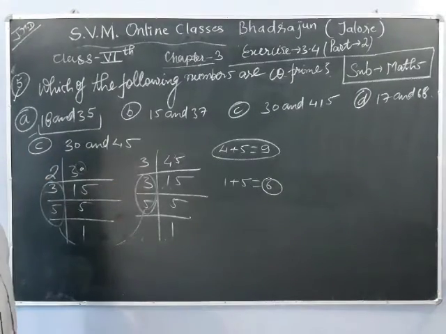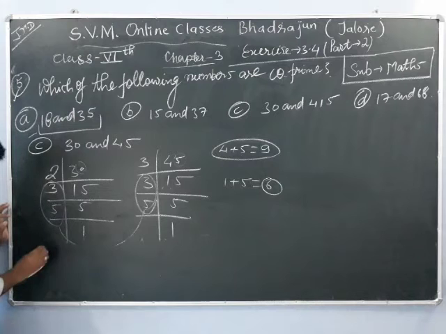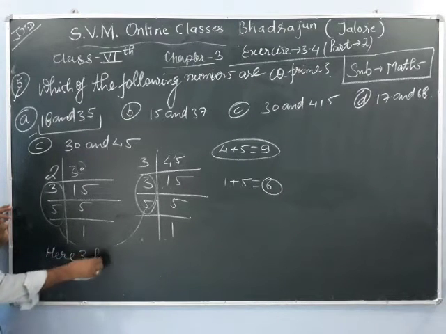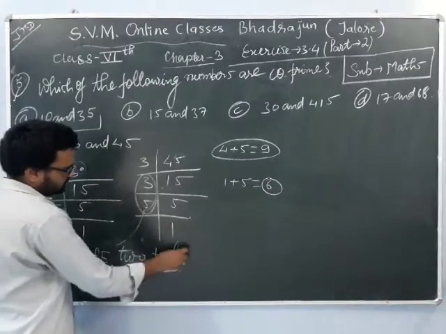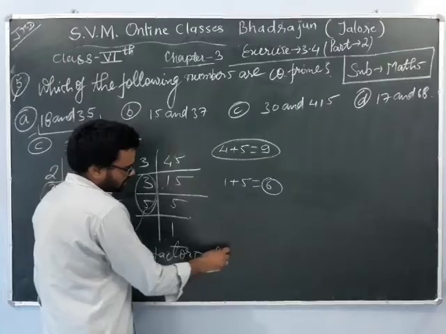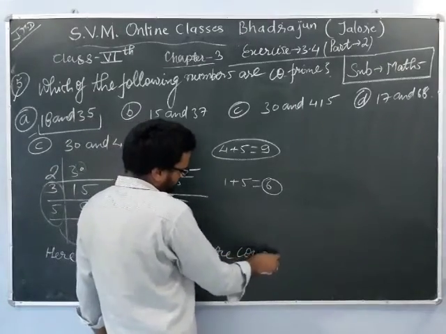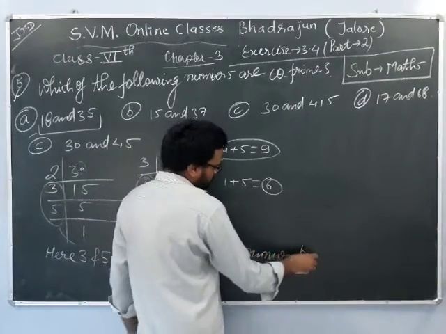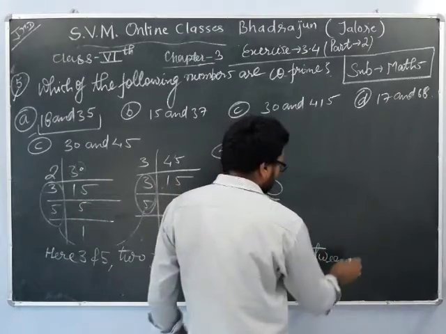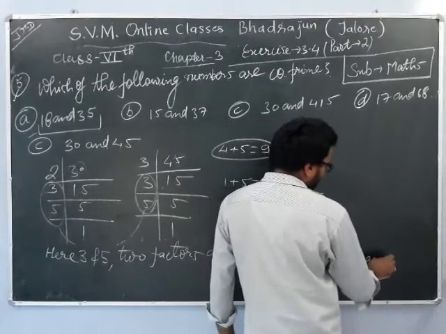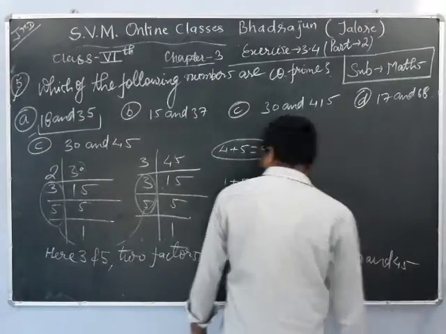are not co-primes. Okay. Here 3 and 5, two factors are common between 30 and 45.